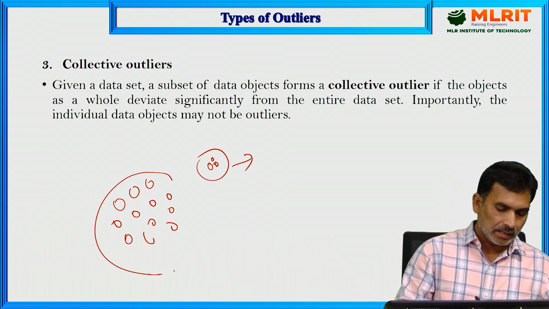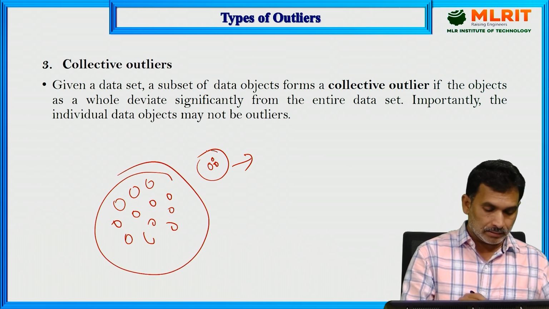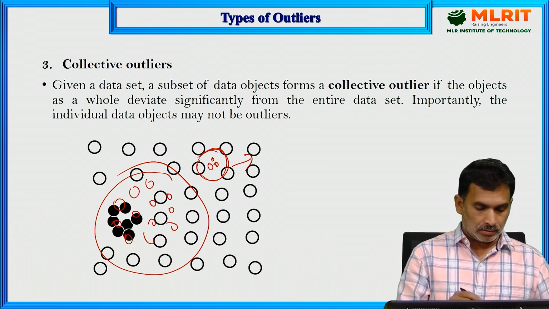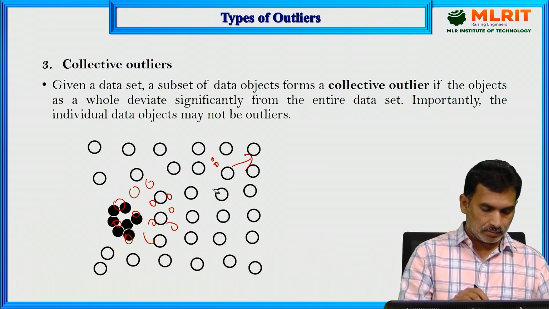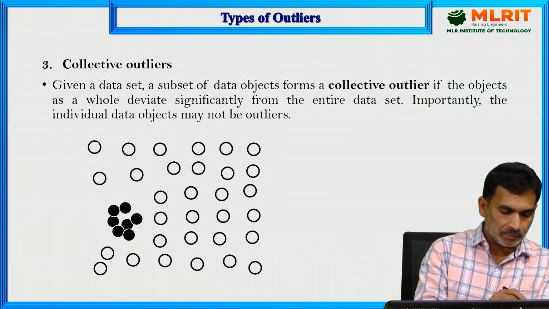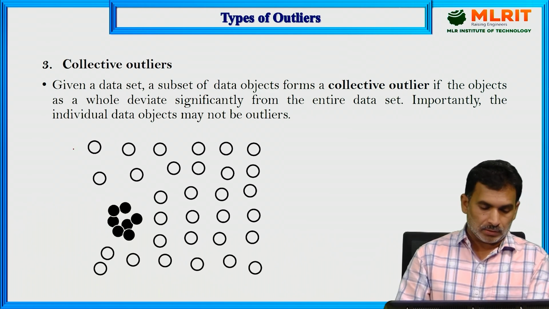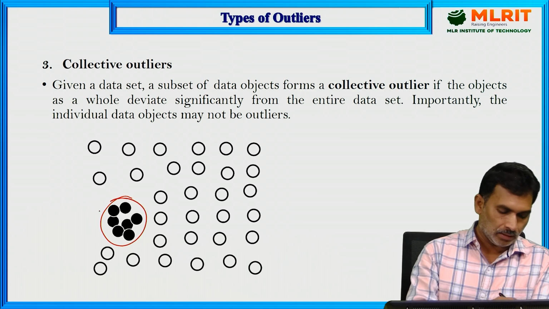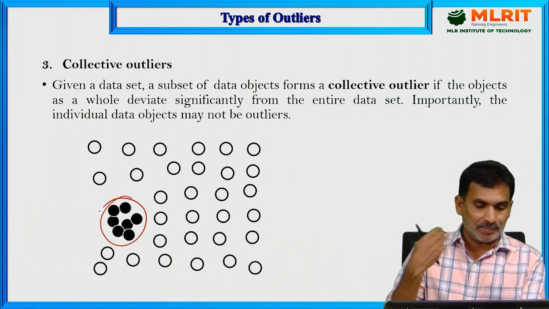This is the entire data set, and these are the group of objects that deviate significantly. You can also understand this from the diagram: all the rest of the data points except these are normally, uniformly distributed.